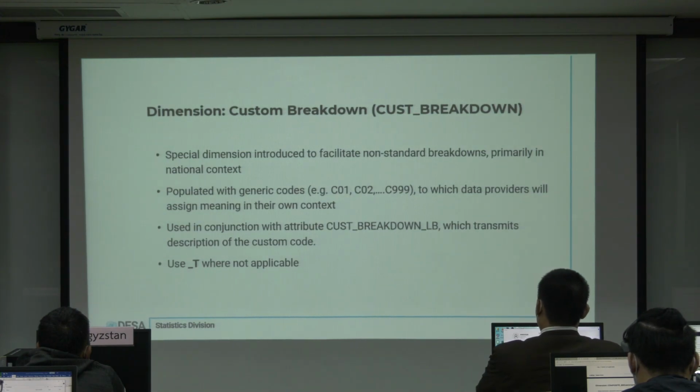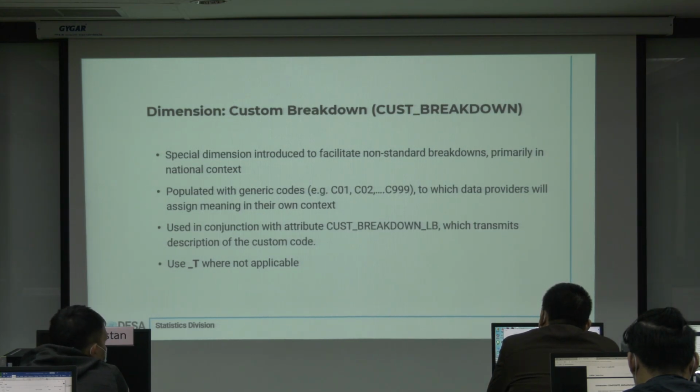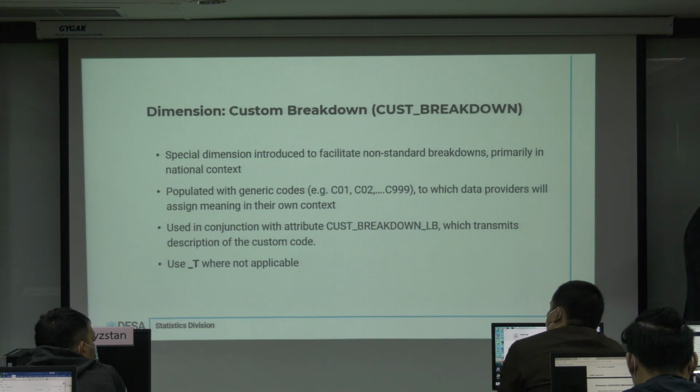And the answer is that the SDG is so heterogeneous that you can have a breakdown which is extremely volatile. I'll give you an example of that. We receive an indicator, I can't recall exactly which one now, disaggregated by weather sampling stations.